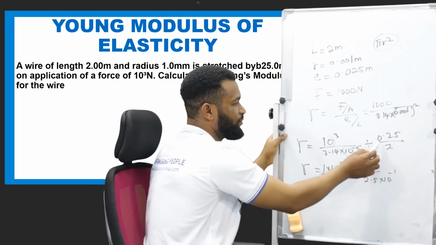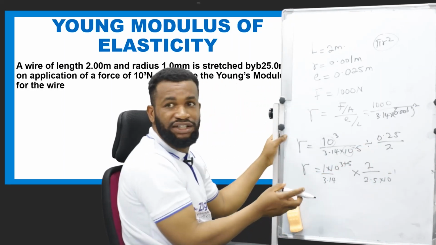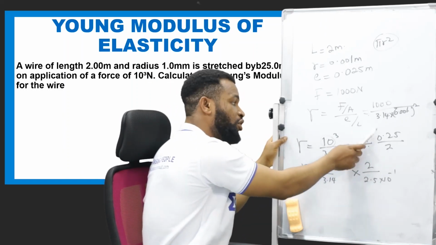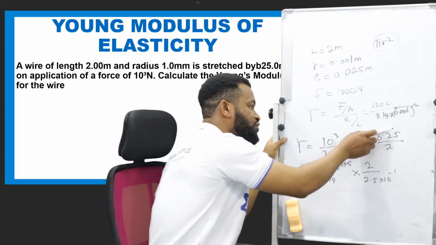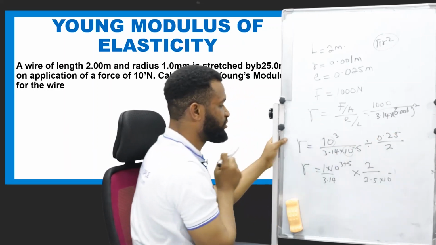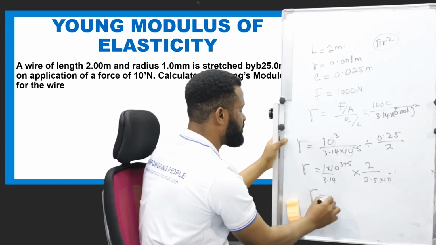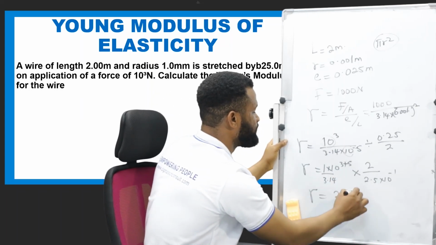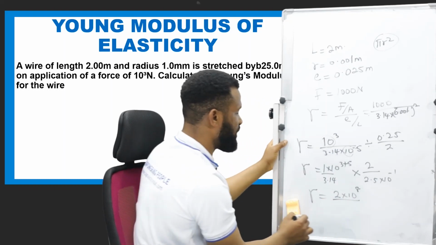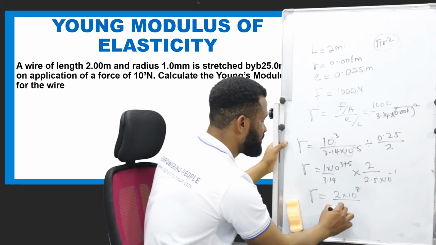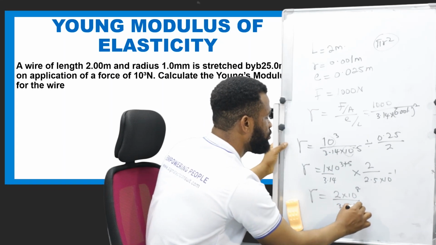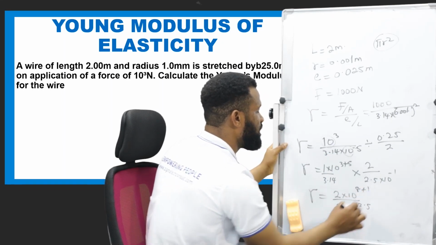Right? Because I have to convert this to a fraction. Remember, in an ordinary fraction, when you are dividing, the denominator goes up and the numerator comes down. So the Young modulus is given as 2 times 10 raised to the power 8 all over 3.142 times 2.5 plus 1.